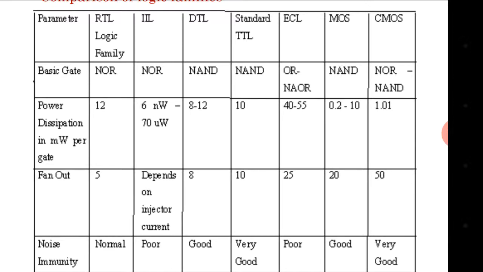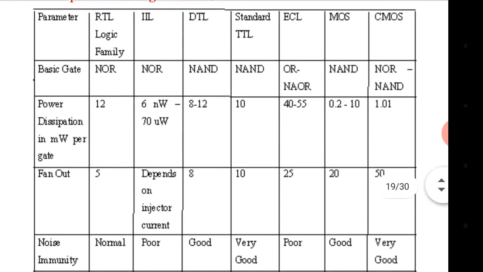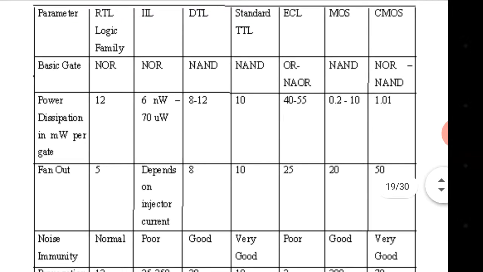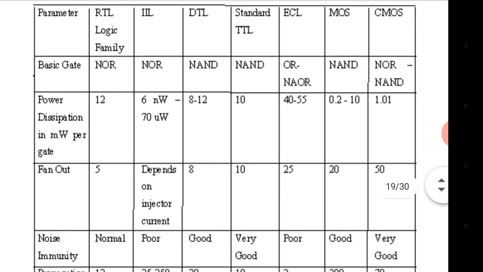That means if, for example, a NAND gate is connected to 5 other logic gates, then the output current of a NAND should be sufficient to drive the input current of all the other 5 logic gates. So that means the fan out of a NAND will be 5, because it is able to drive the 5 other logic gates.